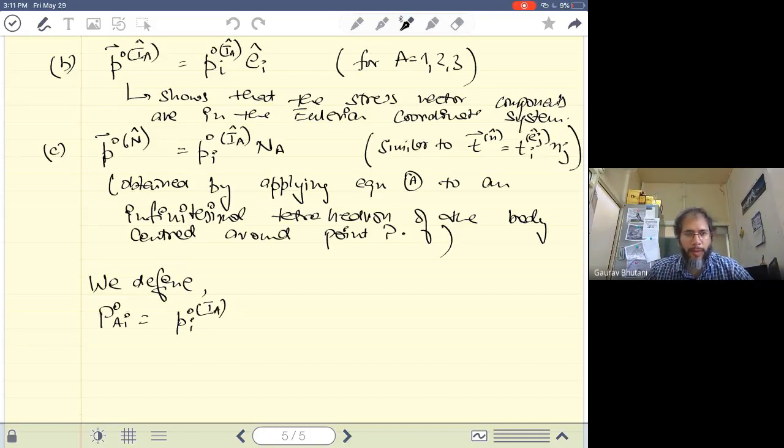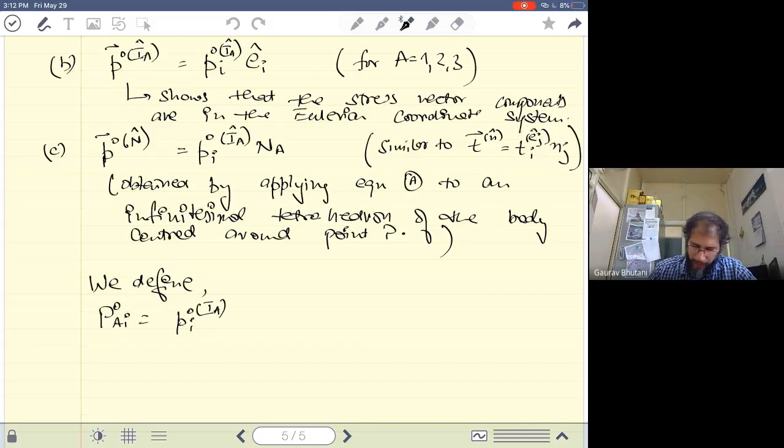Instead of sigma, now we have capital P naught AI, which is equal to small p naught with a subscript I, that's the ith component of p naught, defined for a plane capital I A. So that's the definition of your stress tensor.